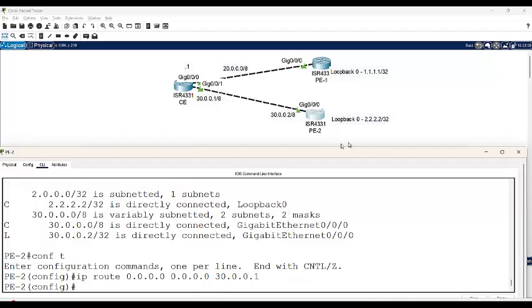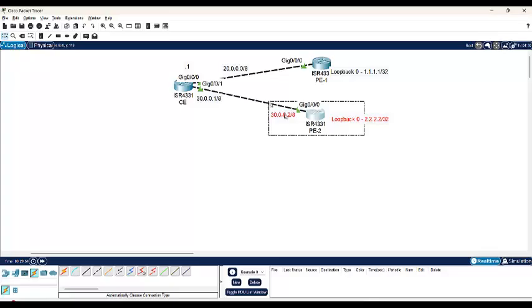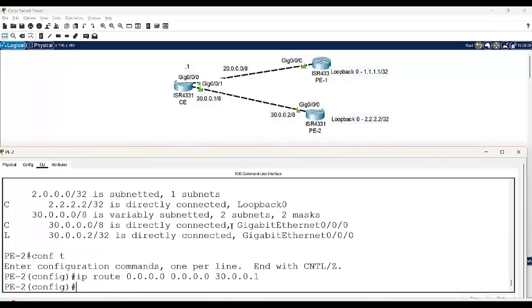On this PE2 router, this is the only direction where you have some networks. So instead of saying for the 20 network go to 30.0.0.1, for the 1 network go to 30.0.0.1, for every single network with the same gateway, you can say any destination that you do not know, just send it to C. C's address is this. This is what we call a default route.